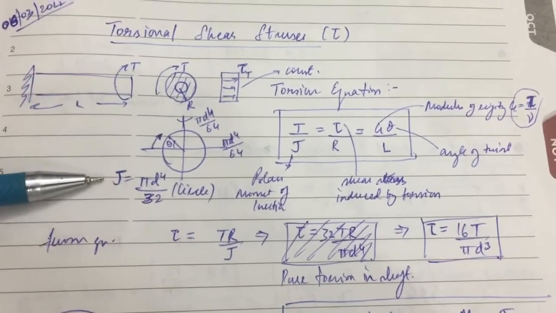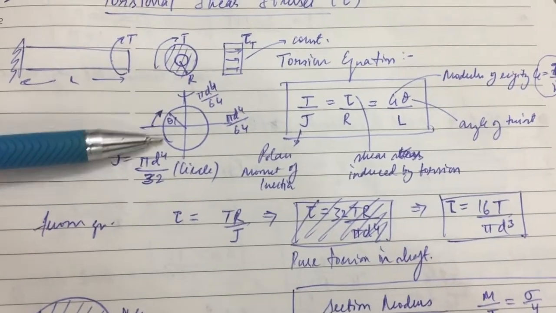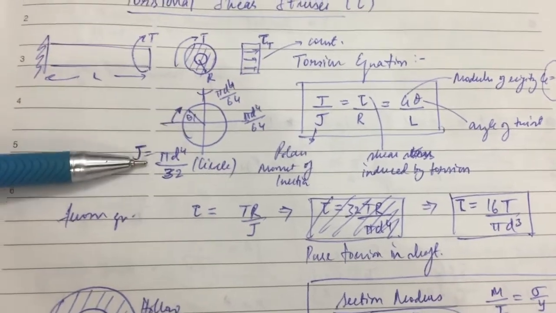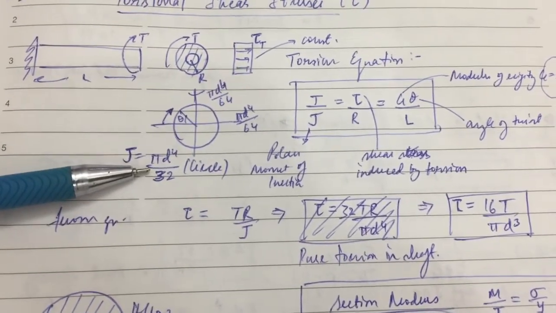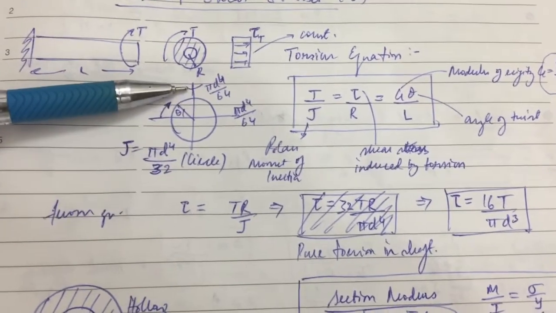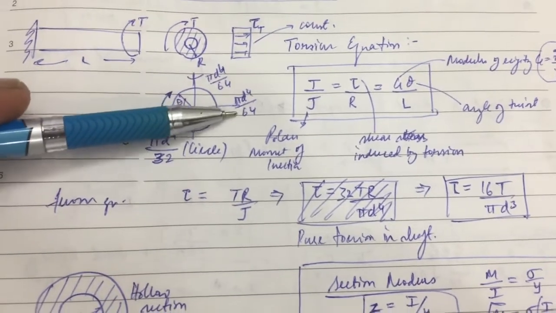To find the polar moment of inertia, which is perpendicular to the plane of the section, for a circular section the formula is pi d power 4 by 32. Along this axis it is pi d power 4 by 64, and along this axis it is the same.